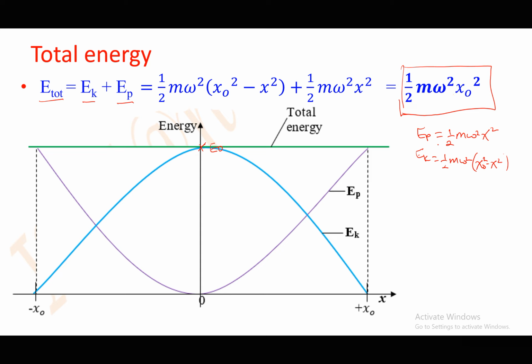Therefore, we can scientifically say that the law of conservation of energy has not been violated because the total energy is remaining constant, because a half, m, omega squared and x naught squared are all constants.